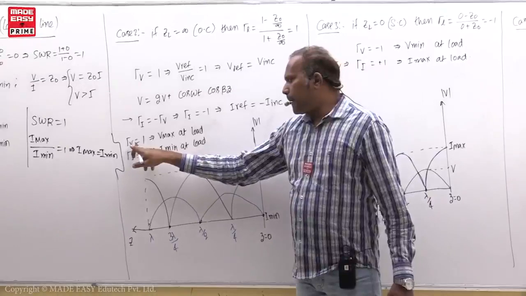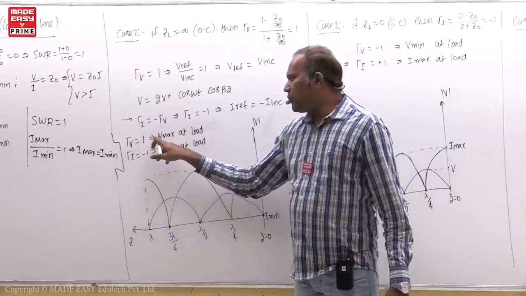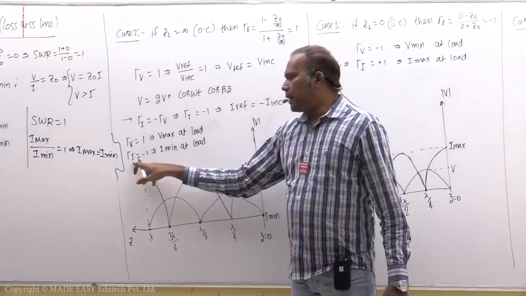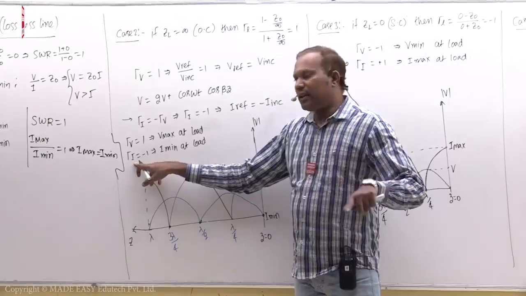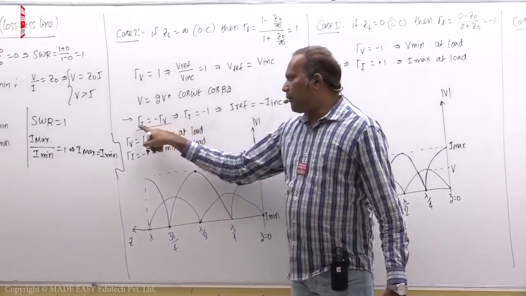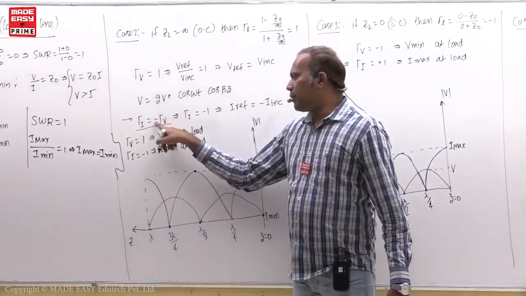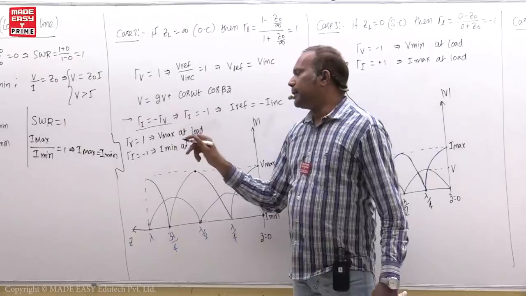If reflection coefficient of voltage is 1, positive, that means V maximum occurs at load, then current reflection coefficient is opposite of voltage reflection coefficient, then that is -1. Here I wrote current reflection coefficient is equal to opposite of voltage reflection coefficient.